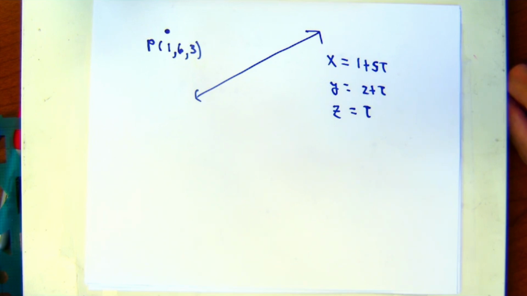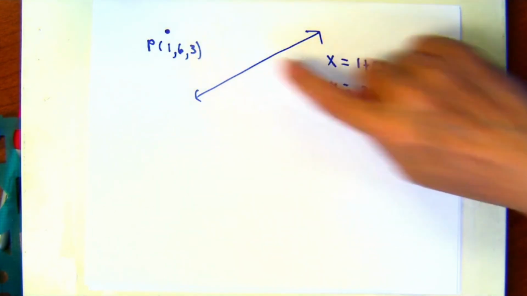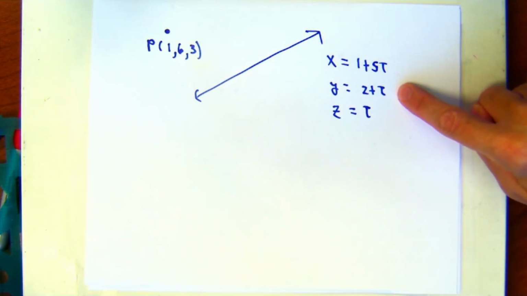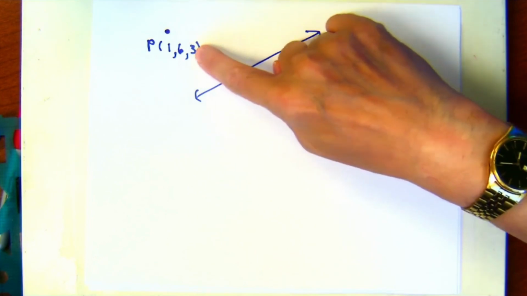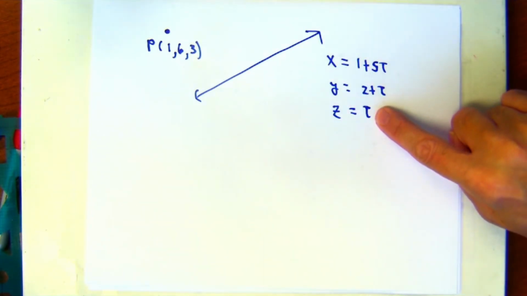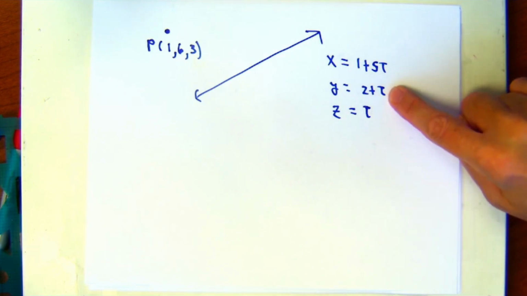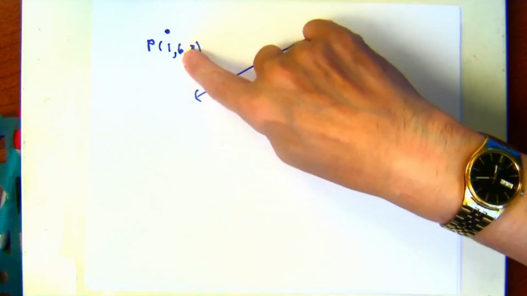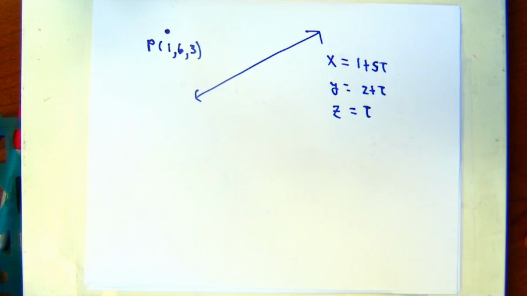In any case, if this point were on this line, there would have to be a place where z is 3. That would mean t is 3. 2 plus 3 is 5, and 5 isn't 6. So point P is definitely not on this straight line.